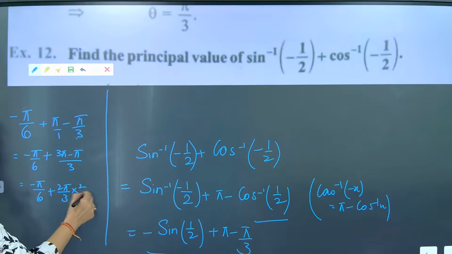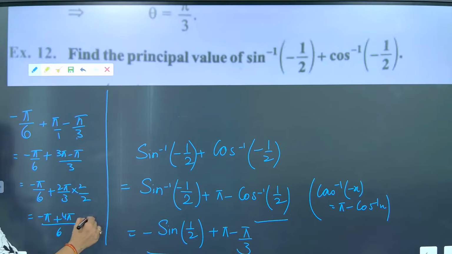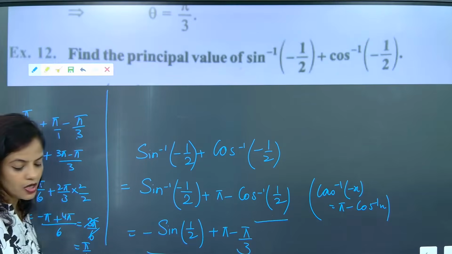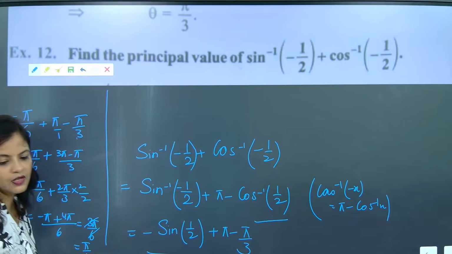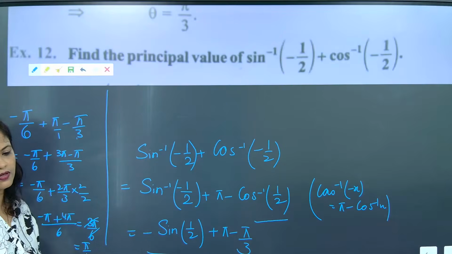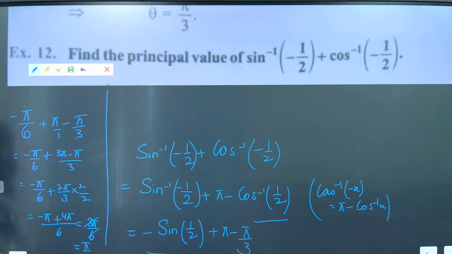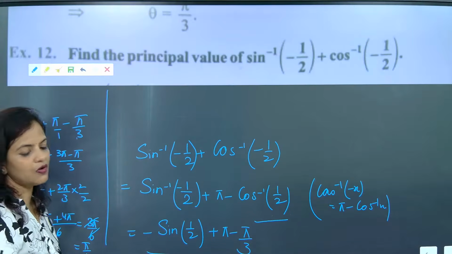You multiply 2 up and 2 down. It will become minus pi plus 4 pi by 6. So how much will come? 3 pi by 6. So the overall answer will be pi by 2. Understood? Absolutely correct. Very good. Super Prakash. The answer is exactly pi by 2. If we do it step by step, mistakes will not come.